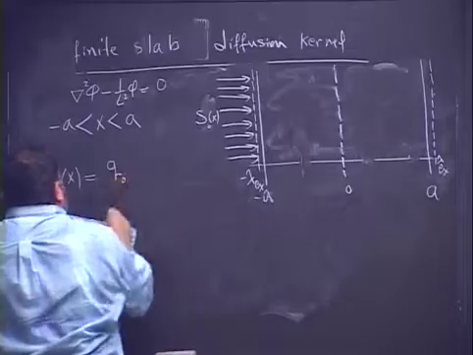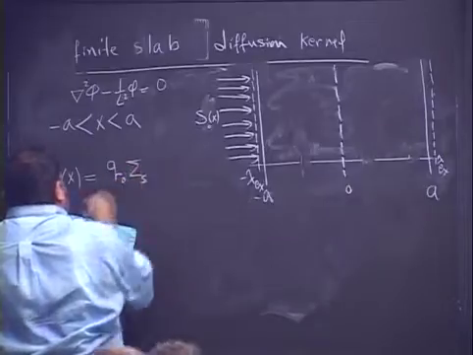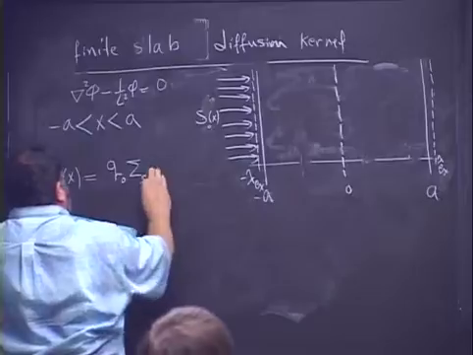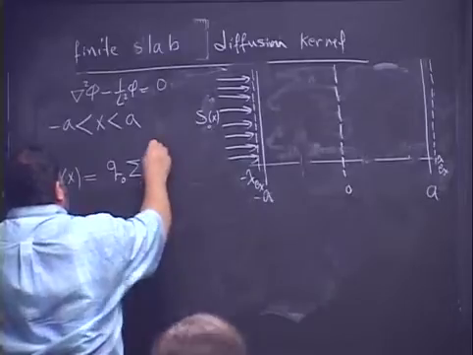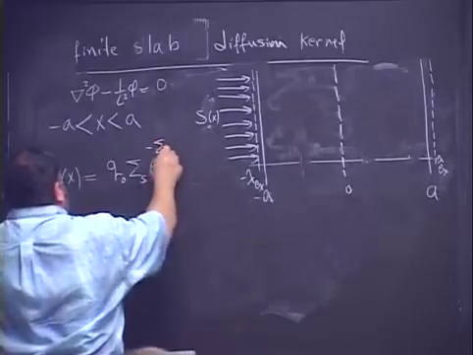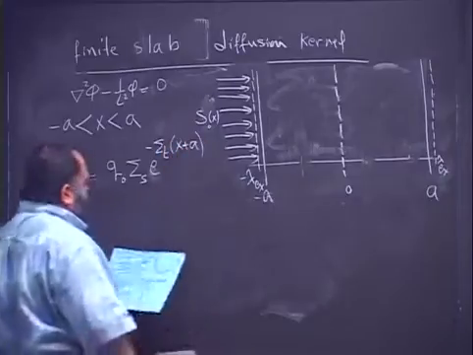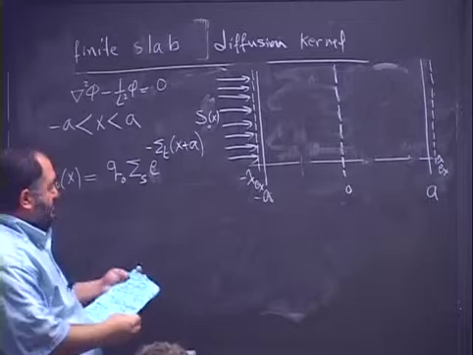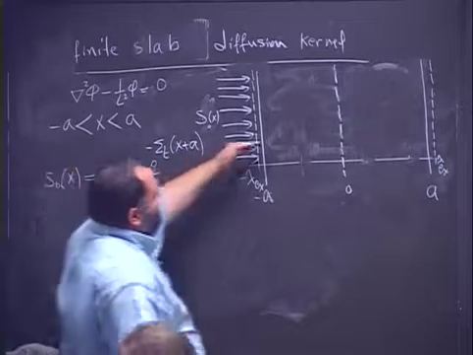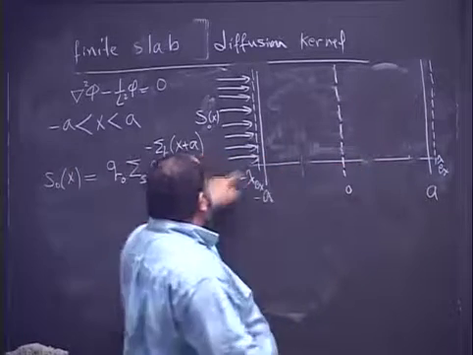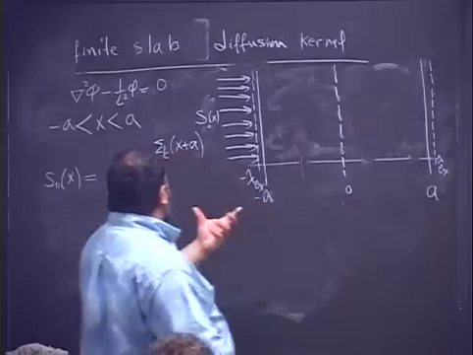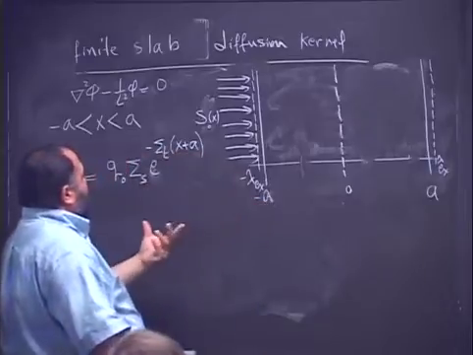Q naught sigma scattering e to the power of minus sigma total of x plus a. Okay, x is the location. a is the width of the slab.